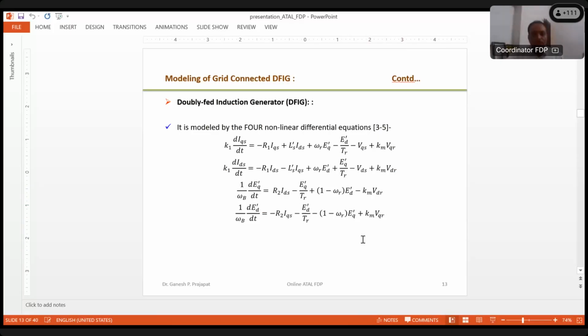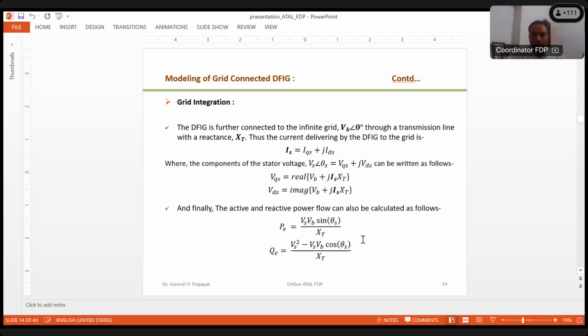So these are the dynamic equations of that generator, and the practical generator is characterized the same way by these equations. In general, whenever we design some device, we need to have the mathematical equations of that. That is the purpose of these equations. So I'm also skipping this.